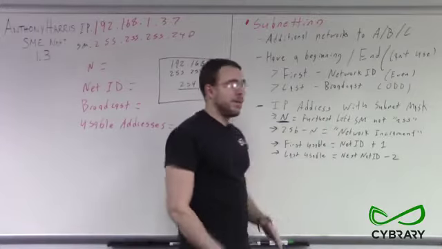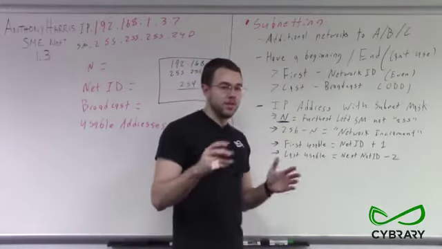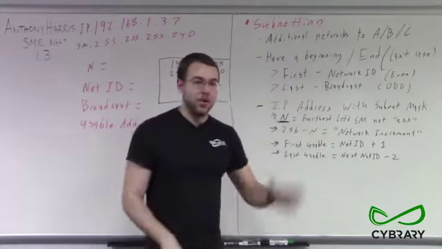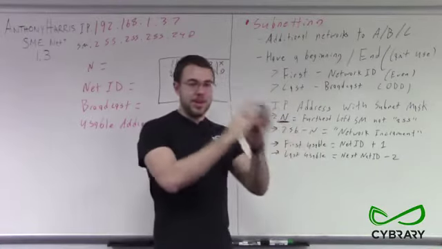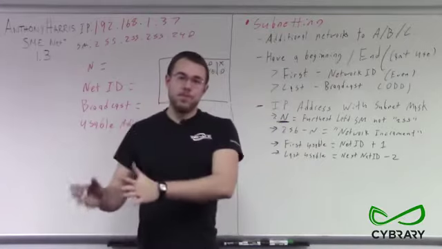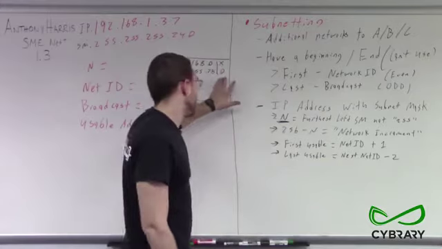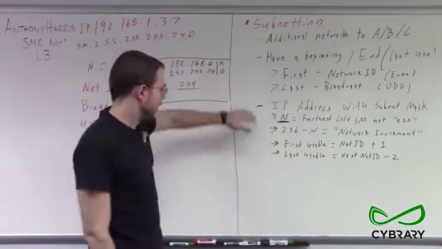Then our network increment is 16, so we're going to increment up by 16: 16, 32, on and on and on, up our entire range, which goes all the way up to 255.